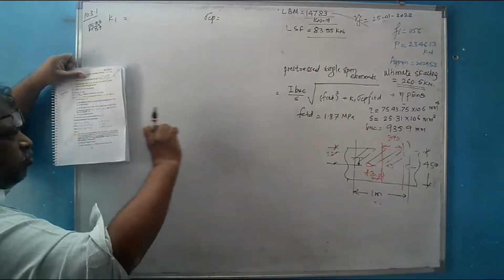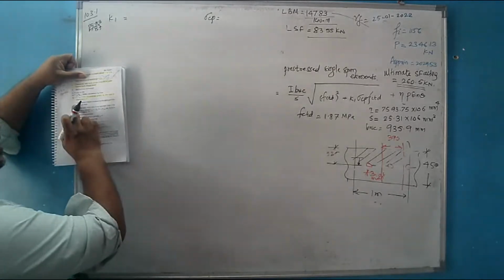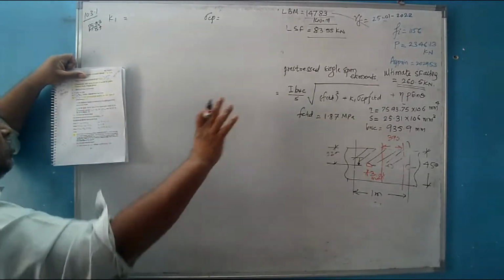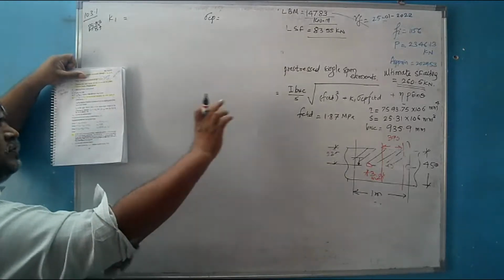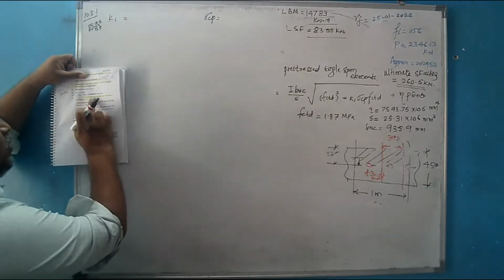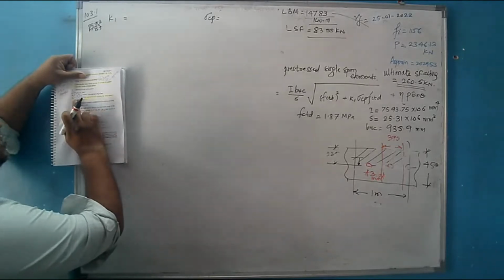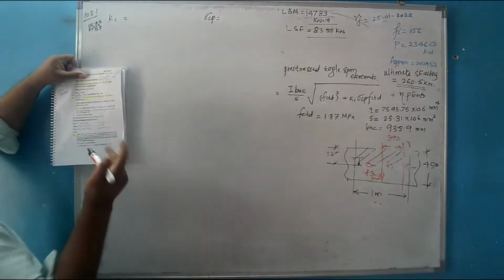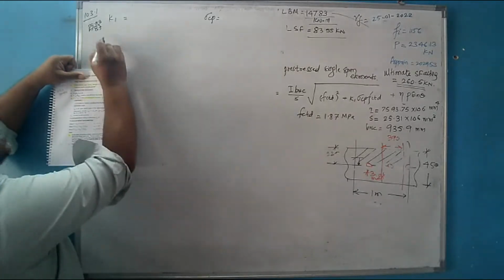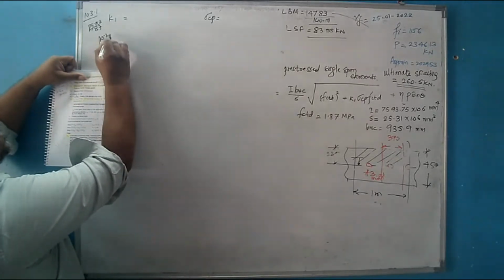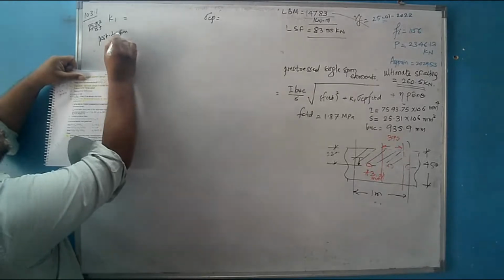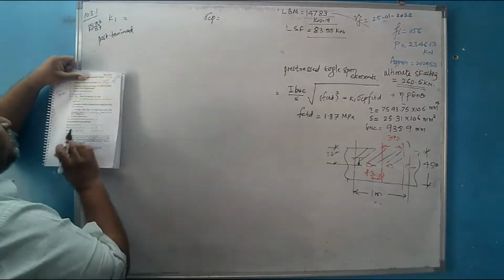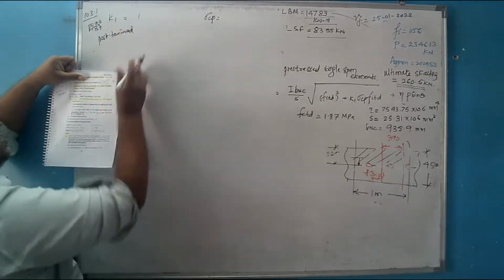Because in pre-tension there is some transmission length, so that is with reference to the transmission length and all. But here there is no transmission length. So for pre-tension members of the tendons, the equation is given. For other types of pre-stressing, it is K1. So ours is the other type, because ours is post-tension. As ours is the post-tension deck slab bridge, that's why the value of K1 is considered as 1.